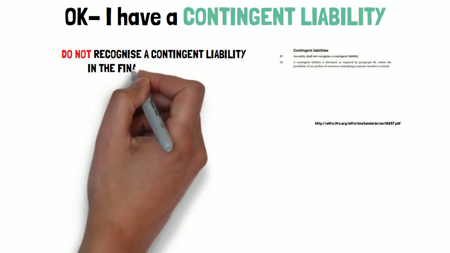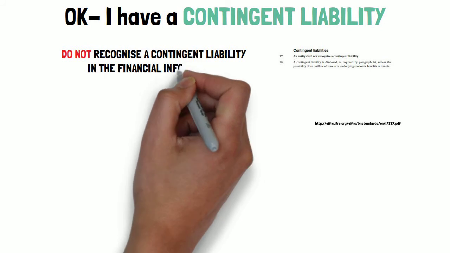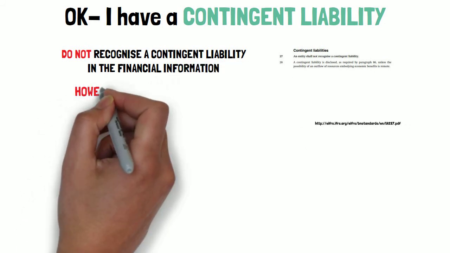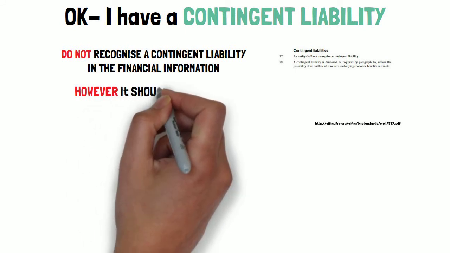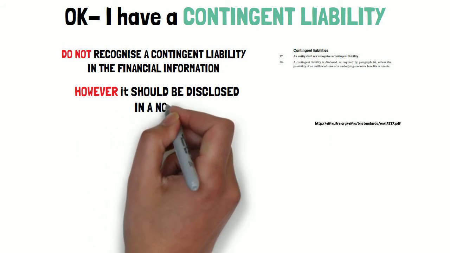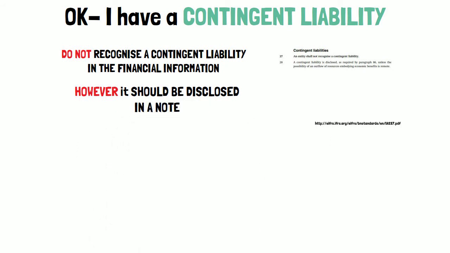An entity shall not recognize a contingent liability. So that means that it cannot be included within the financial information. However, the existence of a contingent liability should be disclosed in a separate note of the financial statements, so a wordy bit rather than within the core numbers itself.